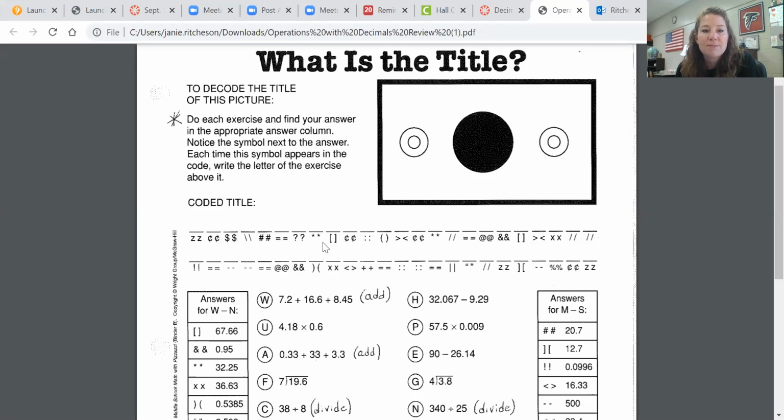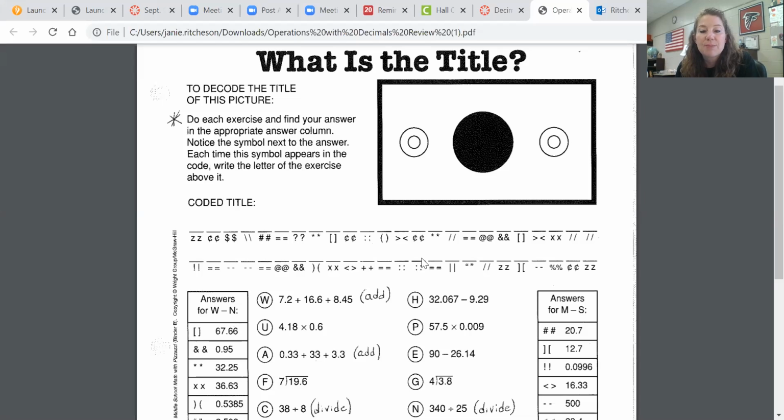It says each time this symbol appears in the code, write the letter of the exercise above it. So when you get your answers, find all of those symbols and write the letter that goes with that particular problem and answer up here.